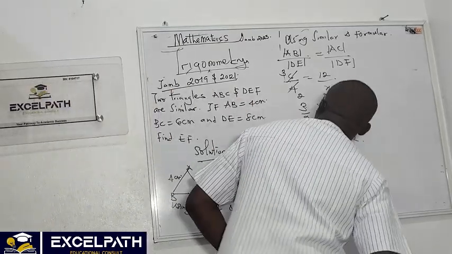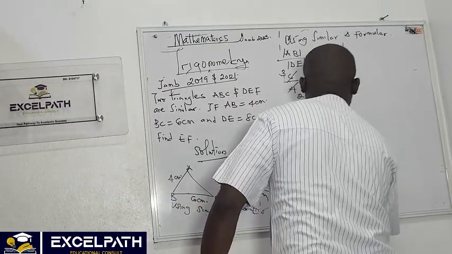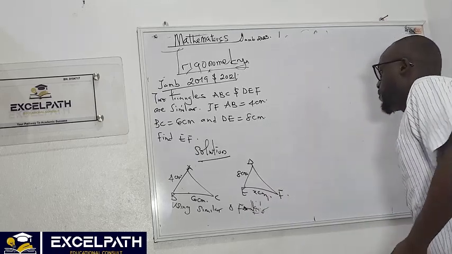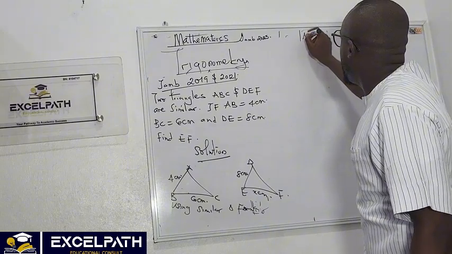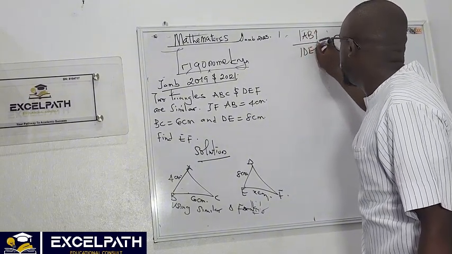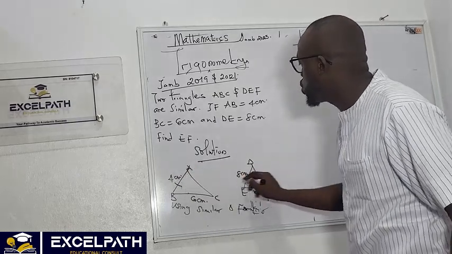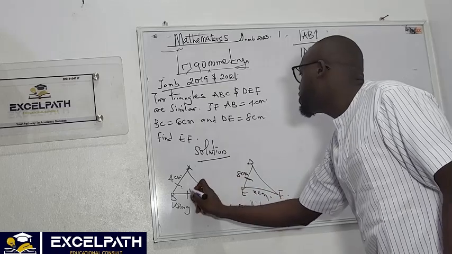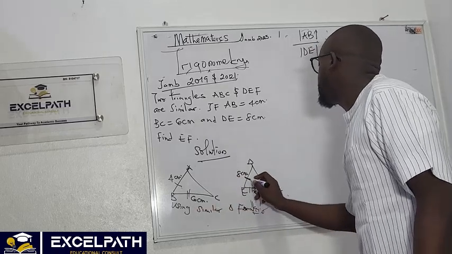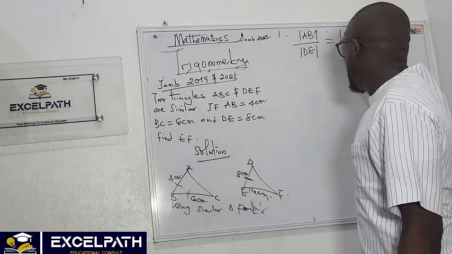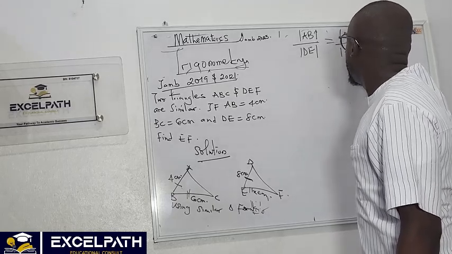What do you have here? Line AB over line DE, that is, this side over this side, equals this side over this side, line BC over line EF.